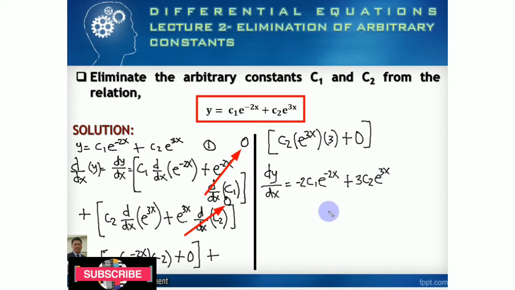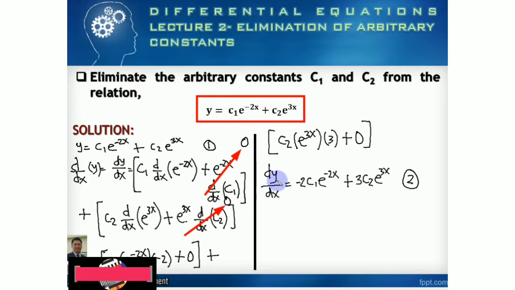Okay, so this would be now our equation number 2. So we will put here equation number 2, which is equal now to this dy over dx is equal now to negative 2c1 times e raised to the power of negative 2x plus 3c2 times e raised to the power of 3x.